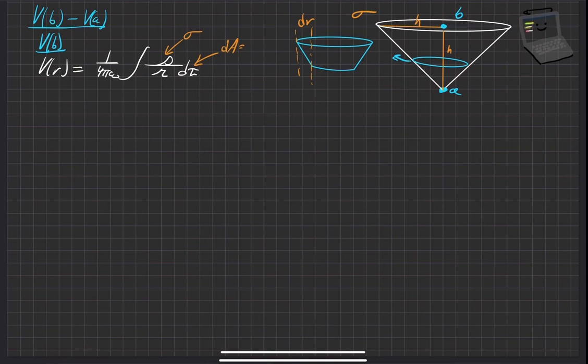And if we want to find this length right here, we can just go ahead and use the fact that, knowing that this is theta and this is theta right here, sine of theta is equal to, of course, the opposite over hypotenuse, and hypotenuse is what we're solving for, and we know the opposite is dr.